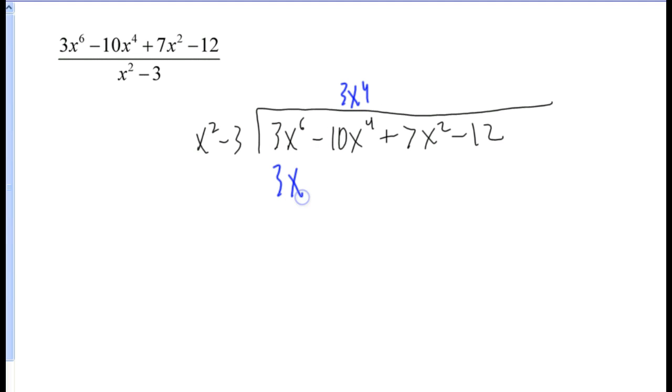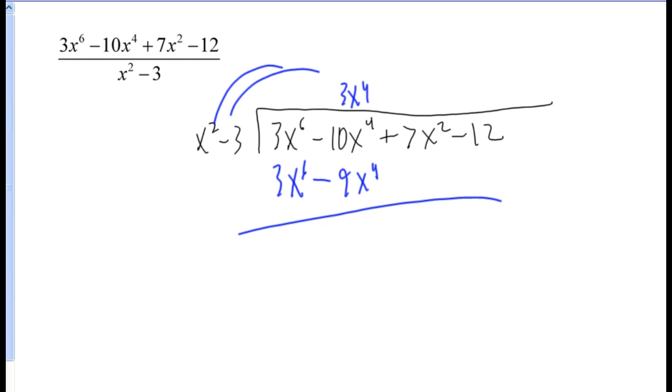So we get 3x to the 6th, and then let's distribute to both. Minus 9x to the 4th. We go ahead and subtract. We get negative x to the 4th plus 7x squared. X squared times 1 is negative x to the 4th, negative x squared, plus 3x squared.